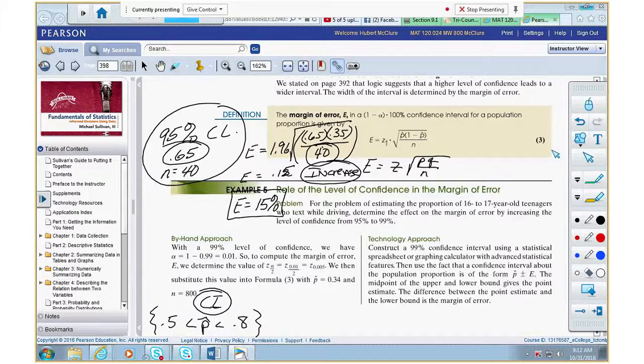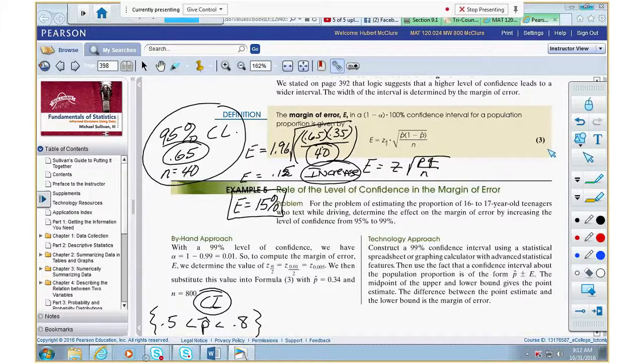That sucks. Okay? You've got a 95% confidence level. It's going to be between 50 and 80%. That sucks. Remember, the lower your margin of error, the better your data is.